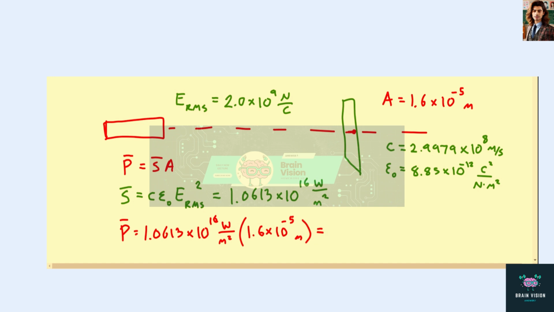Plugging all that in should get about 1.7 times 10 to the 11 watts. Sorry, area is measured in meters squared. So that's how we have our units of meters squared cancel out, and the power ends up being just 1.7 times 10 to the 11 watts.